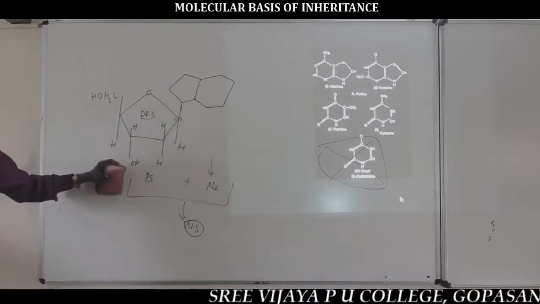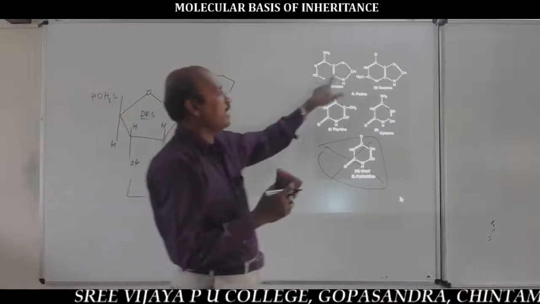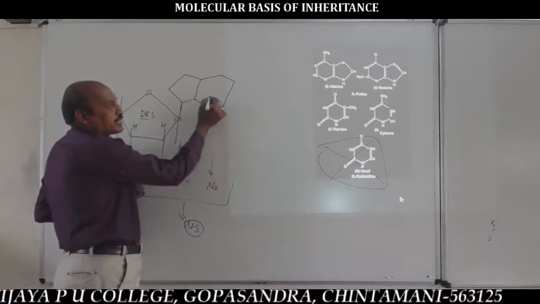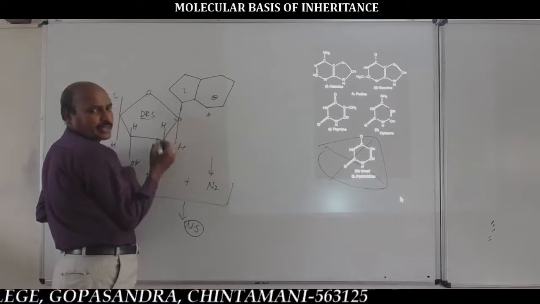Now this is a purine, whether adenine or guanine. In this adenine or guanine, the first ring is the pyrimidine ring, the second is the imidazole ring.